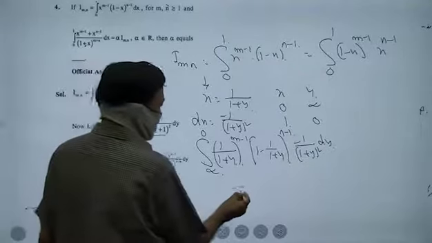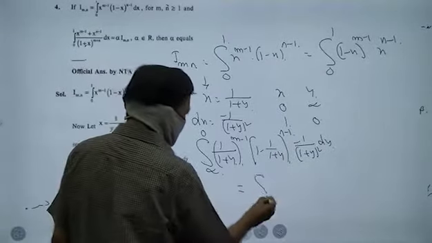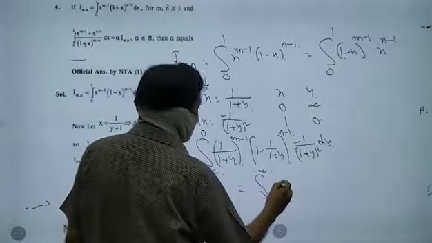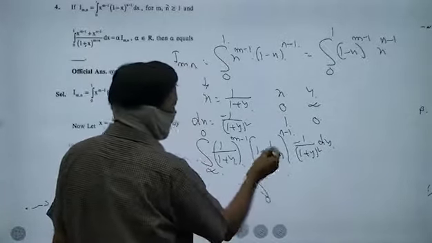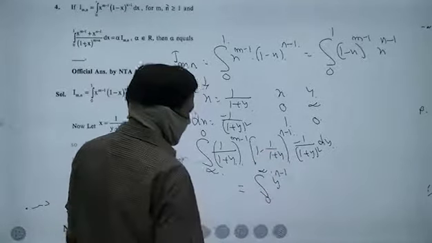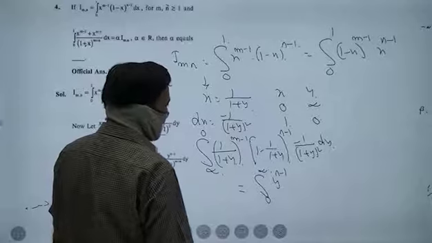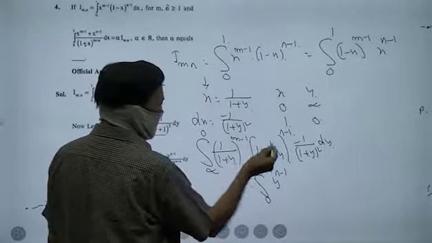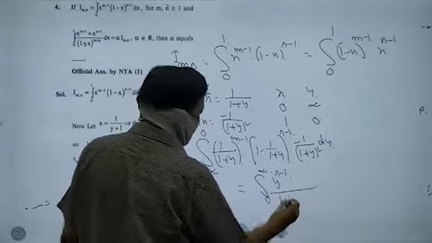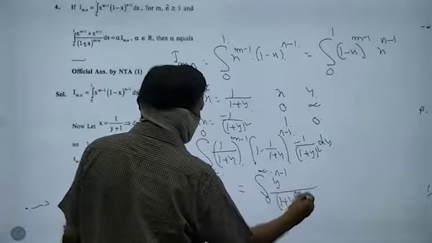Because of the minus sign, the limits become 0 to infinity. This will become 1 plus y minus y, and y power n minus 1, giving y power n minus 1 by 1 plus y whole power m plus n.